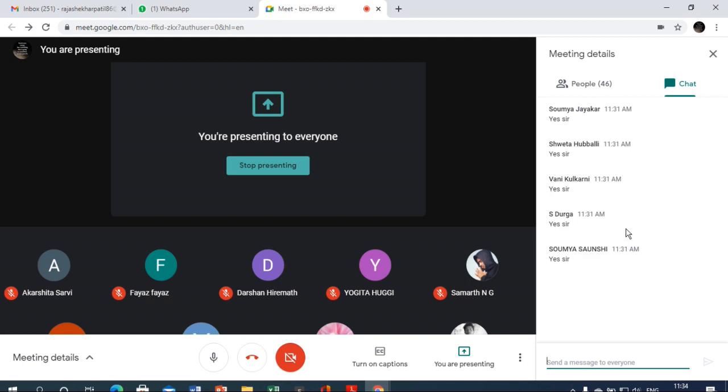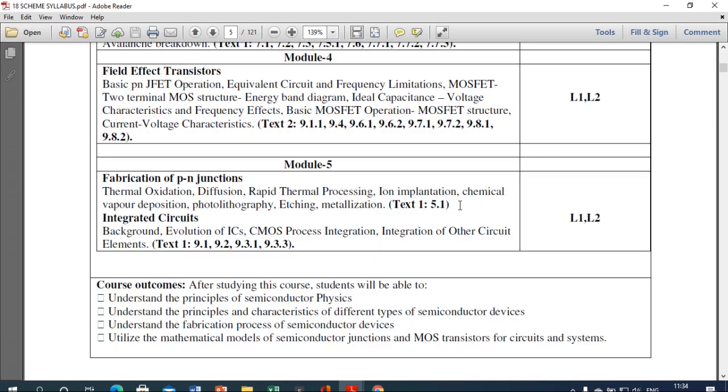Okay, fine. So now we'll move on to the next topic. Module 5 is CMOS. We have started with the background and then the evolution of ICs.